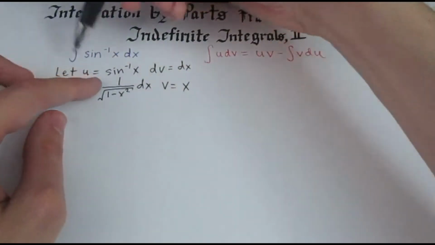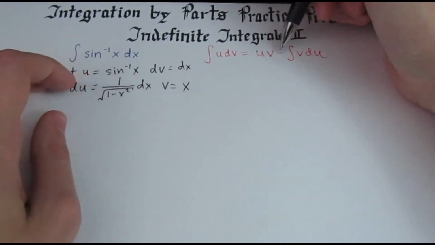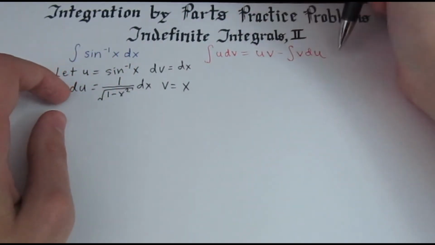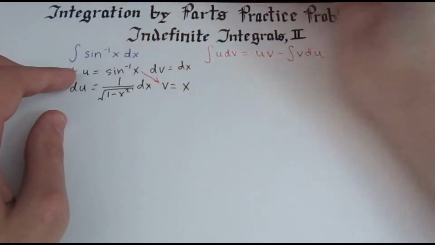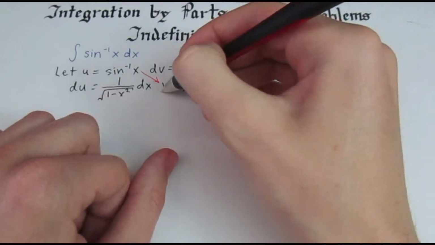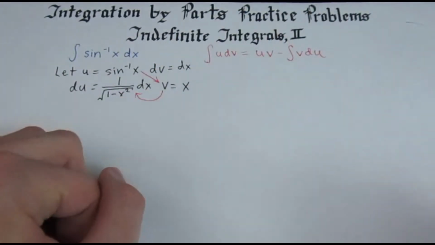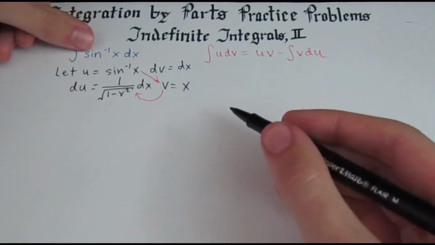This is u dv. It's going to equal u times v minus the integral of v du. We have u, and we multiply it by v, and then we subtract the integral of v du. That's how you could easily do it.